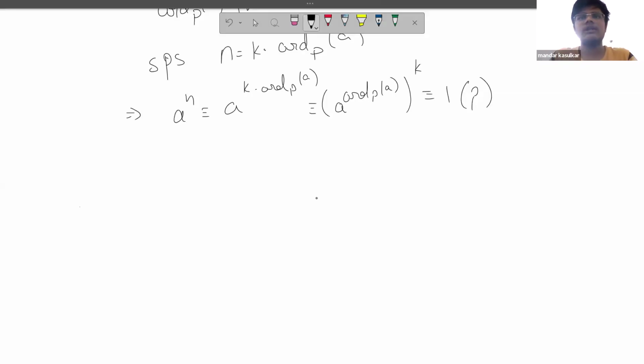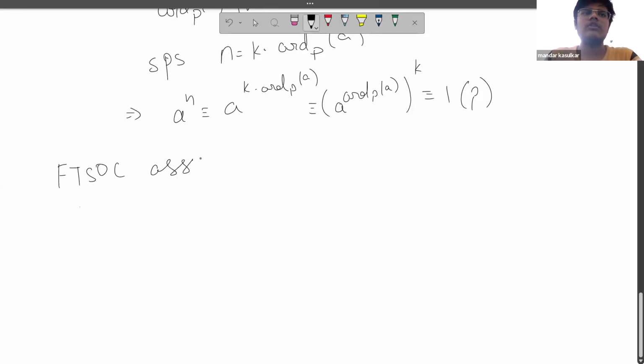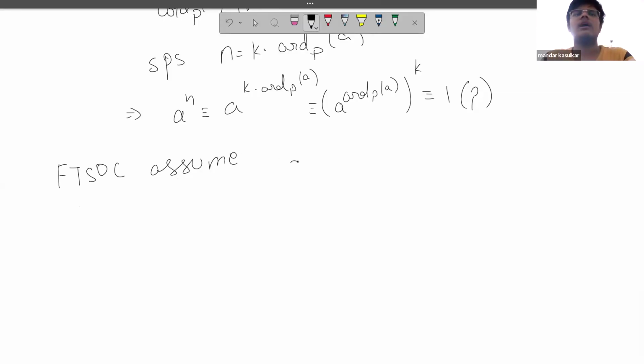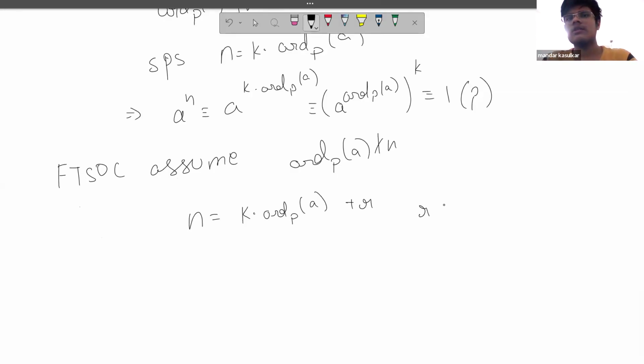As for the other condition, that is also quite straightforward. For the sake of contradiction, assume that order of a mod p does not divide n. Then by the Euclidean algorithm, I can write n equal to k times order of a mod p plus r, where r is less than the order of a mod p and is at least 0.